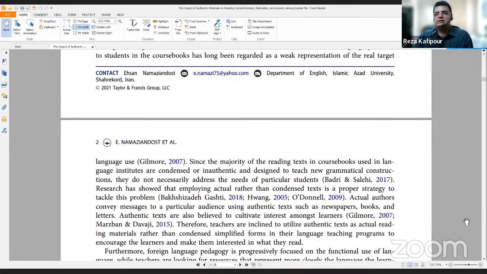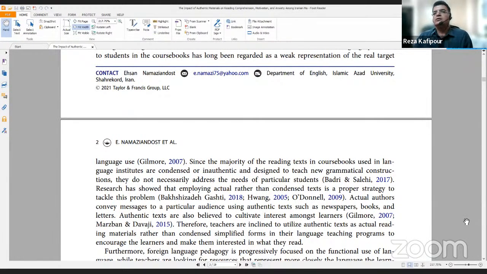So if in the next part of the introduction, which we will read together, the author emphasized that this problem is also available in our own context, I don't know whether this study was conducted in Iran or Indonesia, in each one of them, the context refers to one of the problems that we have in this context, that the majority of reading texts in course books used in institutes are condensed or inauthentic.